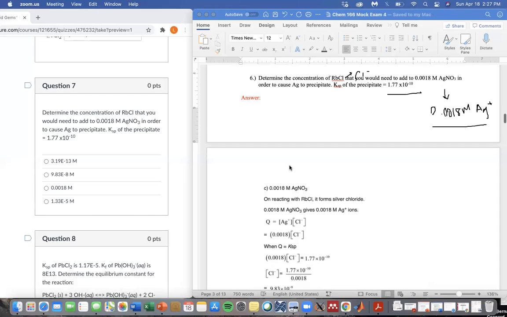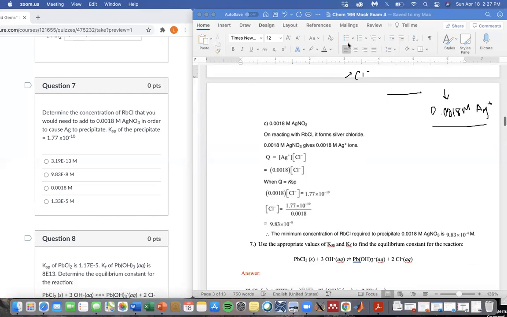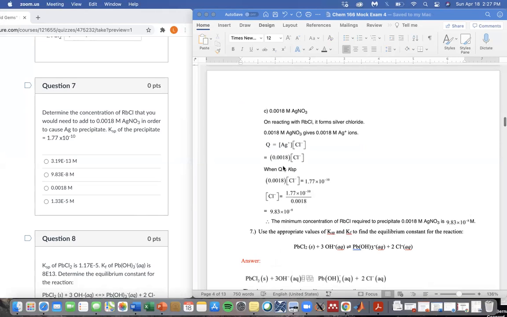AgCl isn't a super complicated formula for KSP, because there's only 1 Ag plus and only 1 Cl minus. So you'd want 0.0018, your concentration of Ag plus, multiplied by your Cl minus concentration, which is how much RbCl you're trying to add, equals your KSP value, which is 1.77 times 10 to the negative 10th.